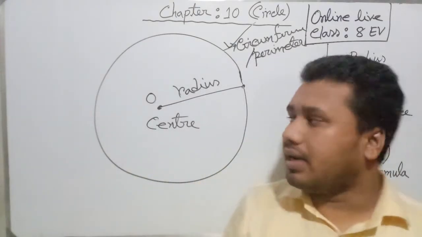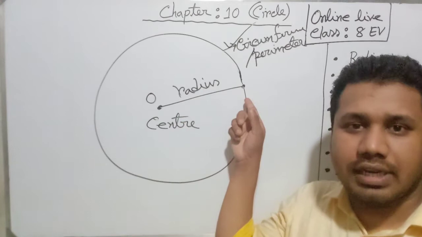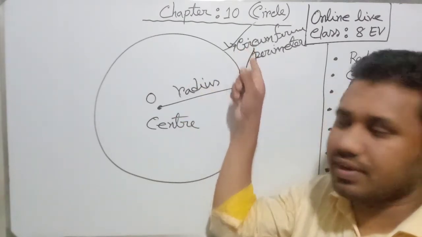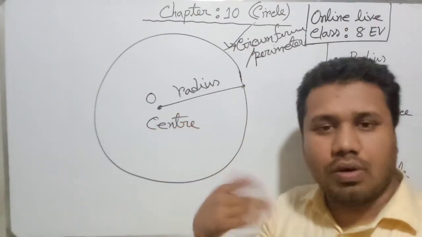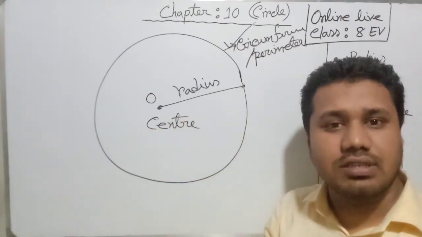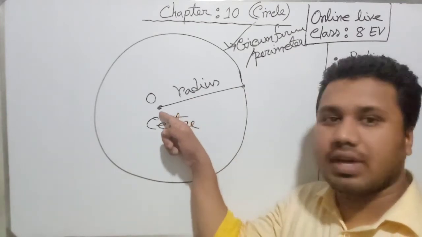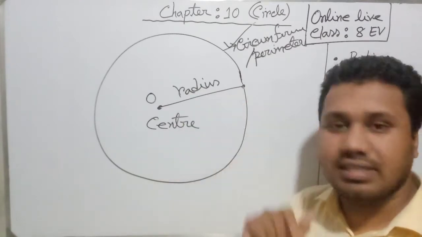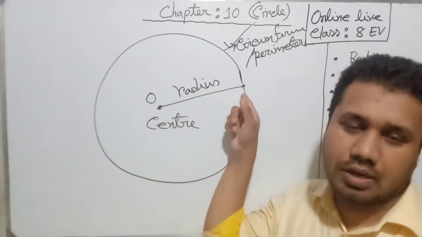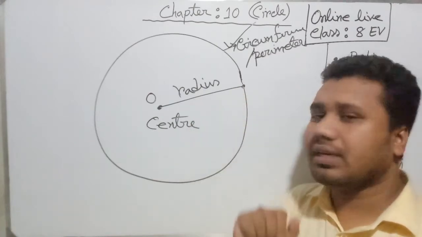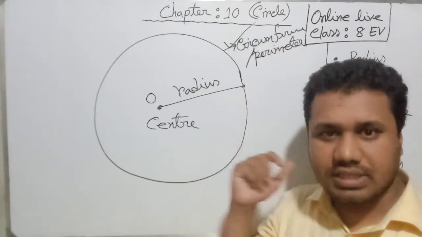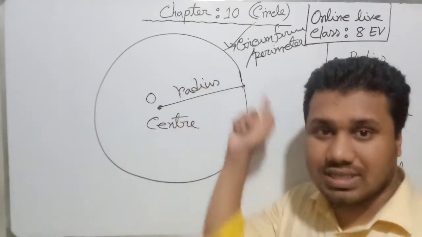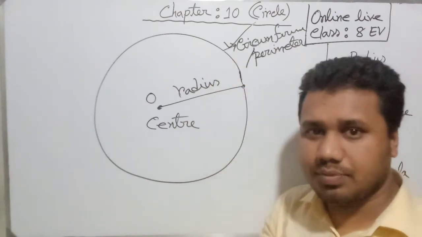Radius is a line segment joining any point on the circle, or any point on the circumference, and the center. Or you can say radius is the distance from center to circumference. Circle and circumference here have the same meaning.